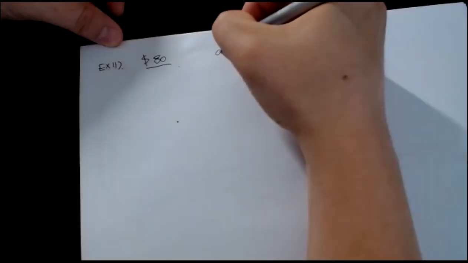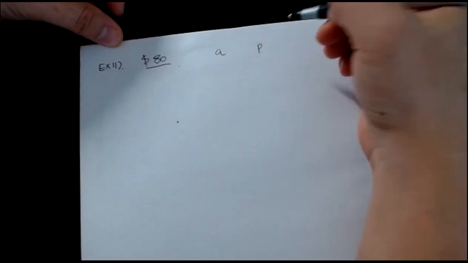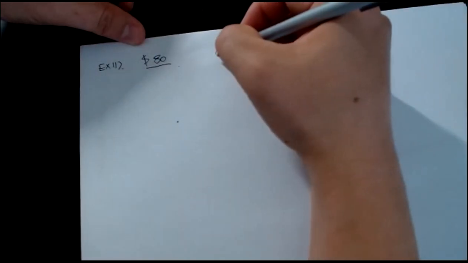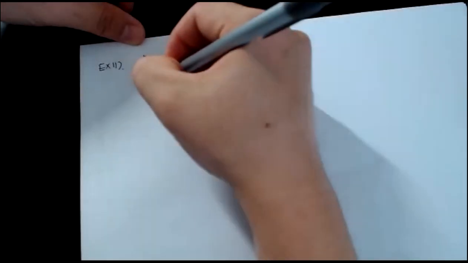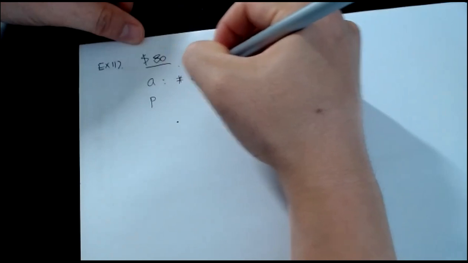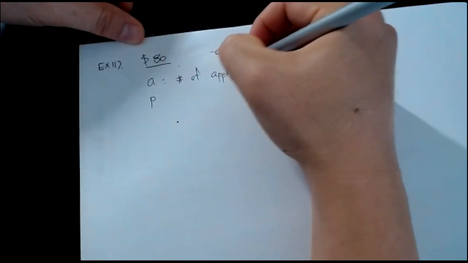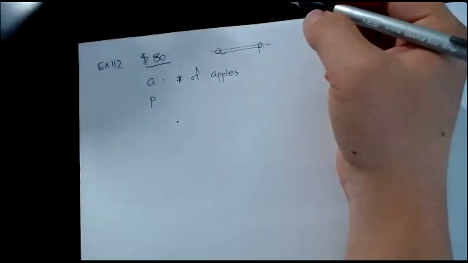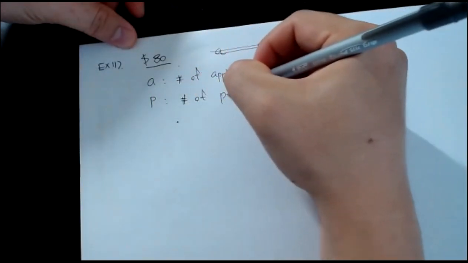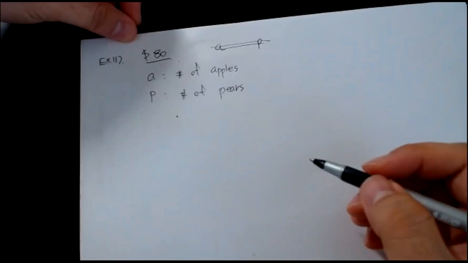Let's say A represents the number of apples he's going to buy, and P is the number of pears he's going to buy.